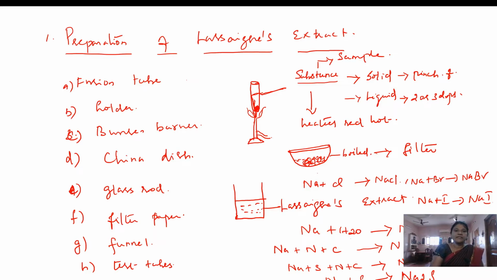In the preliminary test, we could not find out the absolute color, absolute odor, or absolute physical state, because certain substances are deliquescent, certain substances are highly oxidizing in nature, and certain substances may be easily contaminated even by gas.